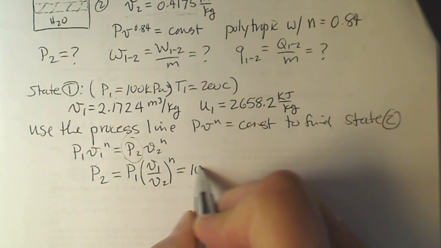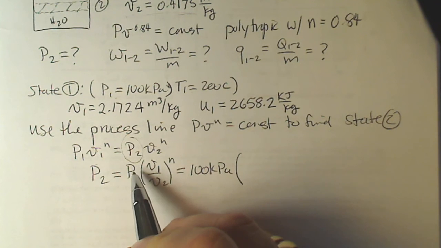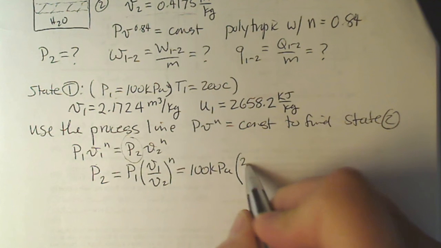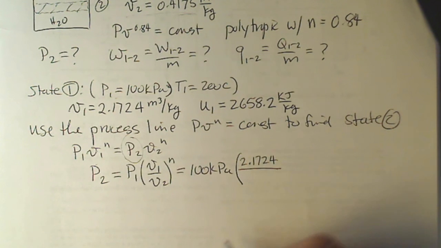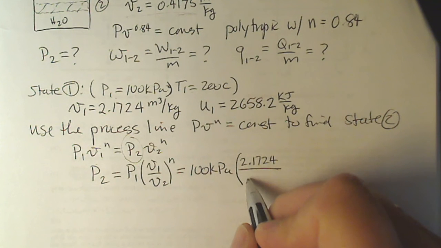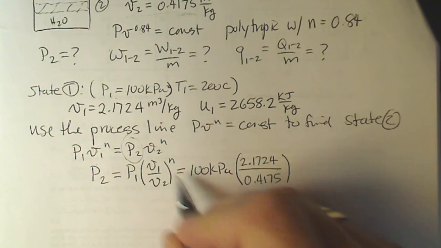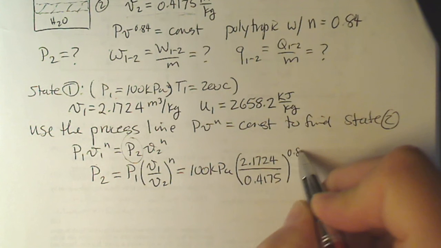That's the way the algebra works. When we bring this over to the other side, we can take the ratio and raise it to that exponent. So P1 is 100. V1, we looked up in the table. V2, we were given, and this exponent n is equal to 0.84.